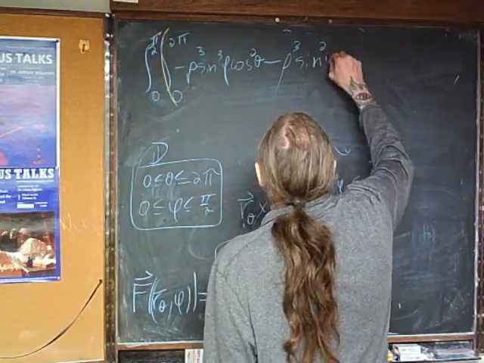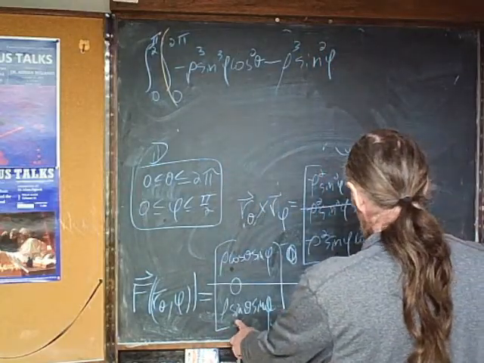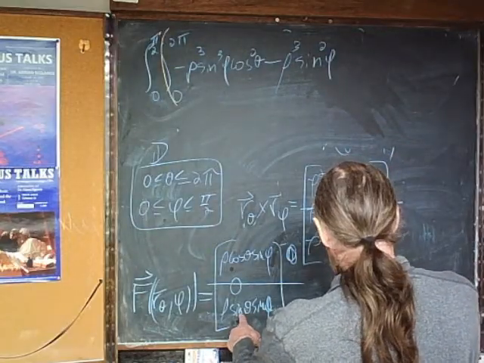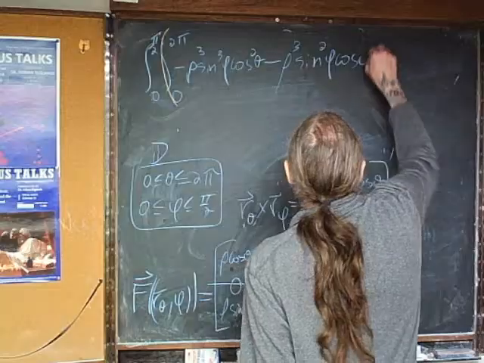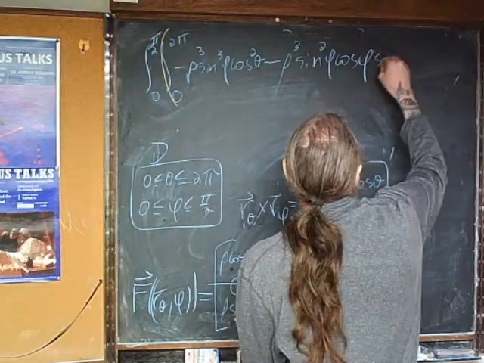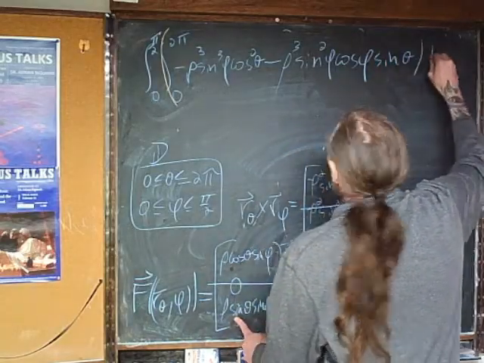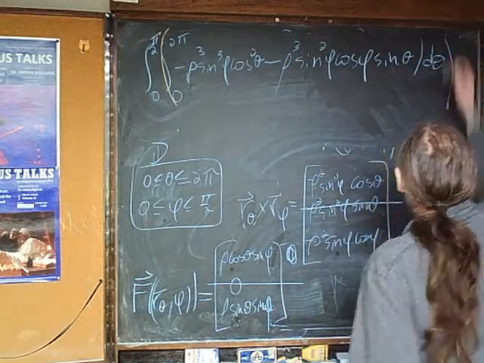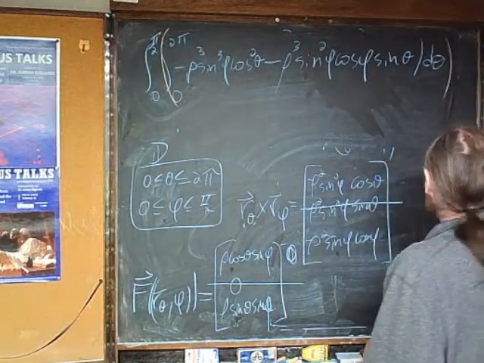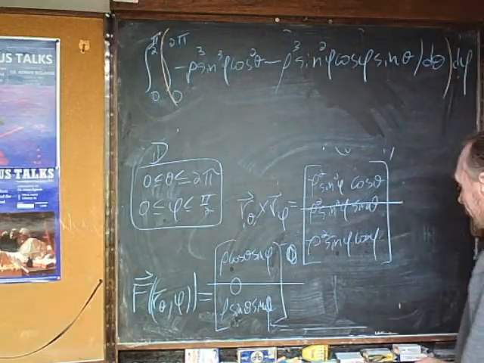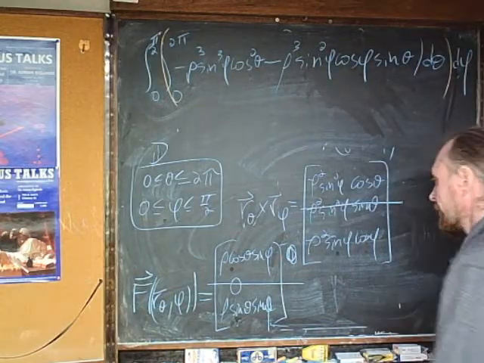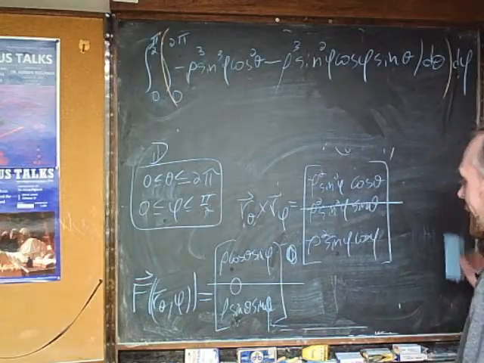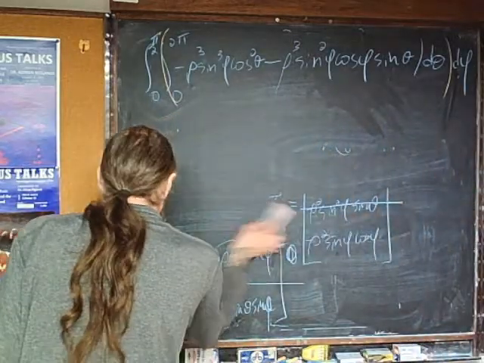Sine squared phi times cos phi, substitution rule, sine theta, d theta, orange bracket, times d phi. So, what is that? A hot mess.